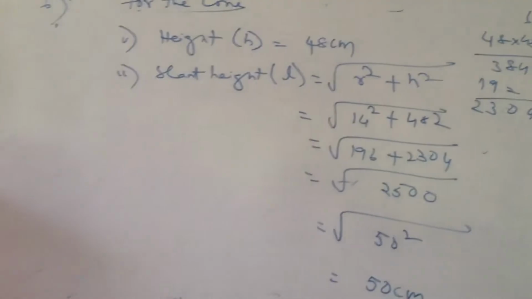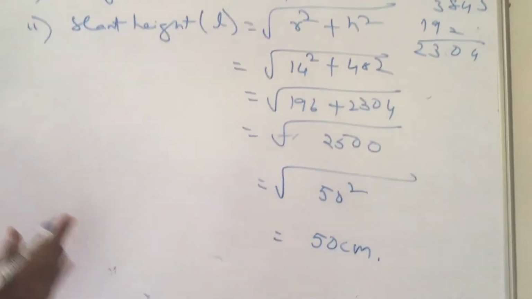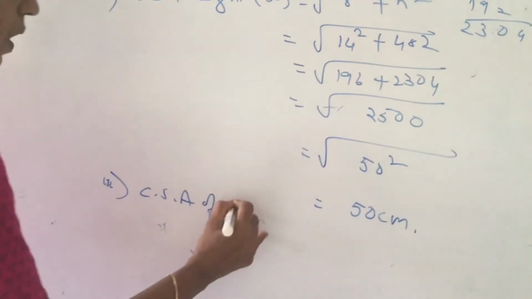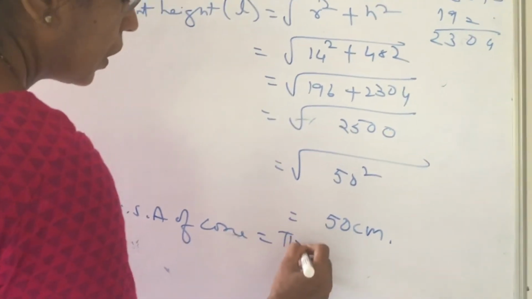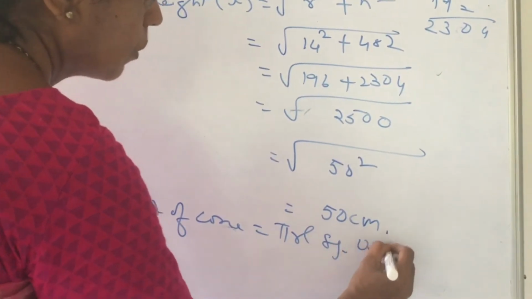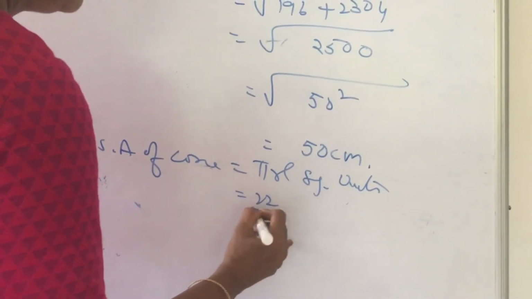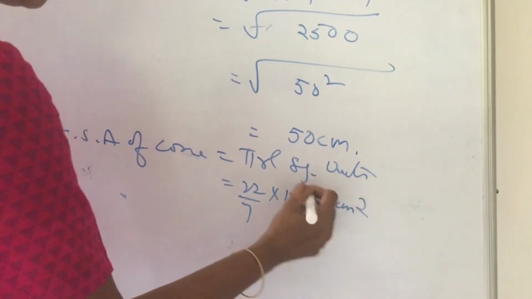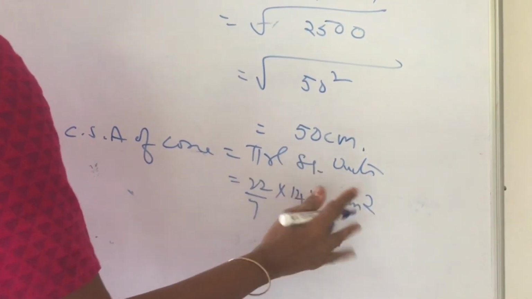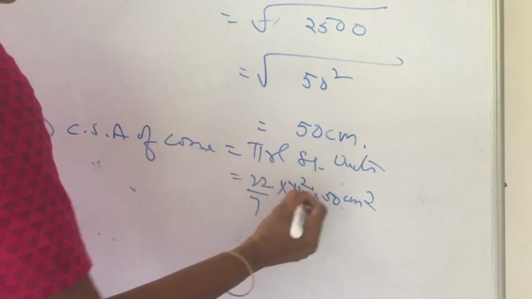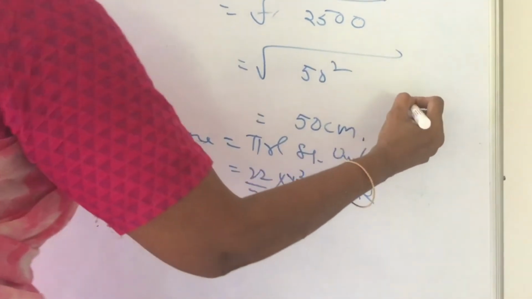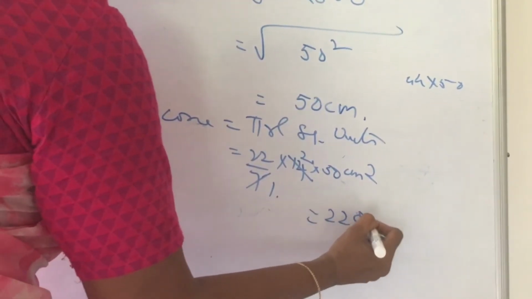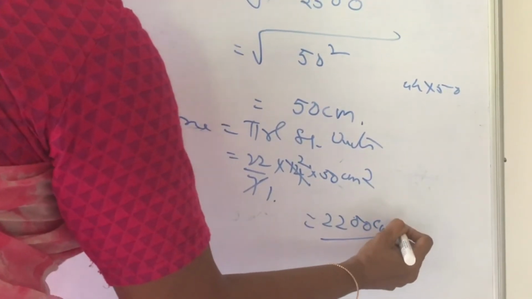And coming to what? The CSA of the cone. The third bit, CSA of the cone is equal to pi rL square units. 22 by 7 into 14 into 50 centimeters square. 7 divides how many times? 44 into 50 is 2200 centimeters square.